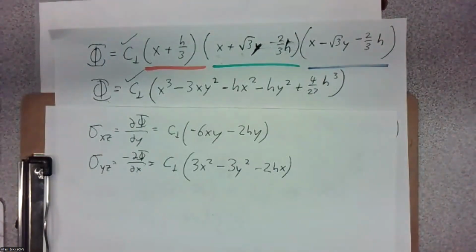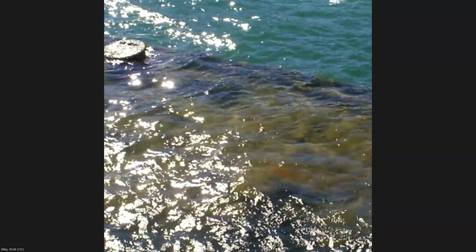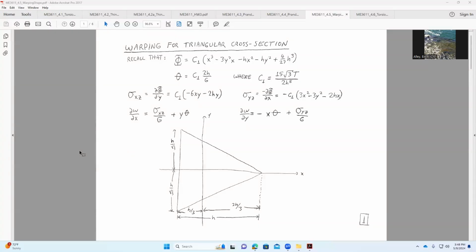Let's get into the warping shape now. Here are our stresses and our warping functions. We said dw dx was going to be sigma xz over G plus y times theta.